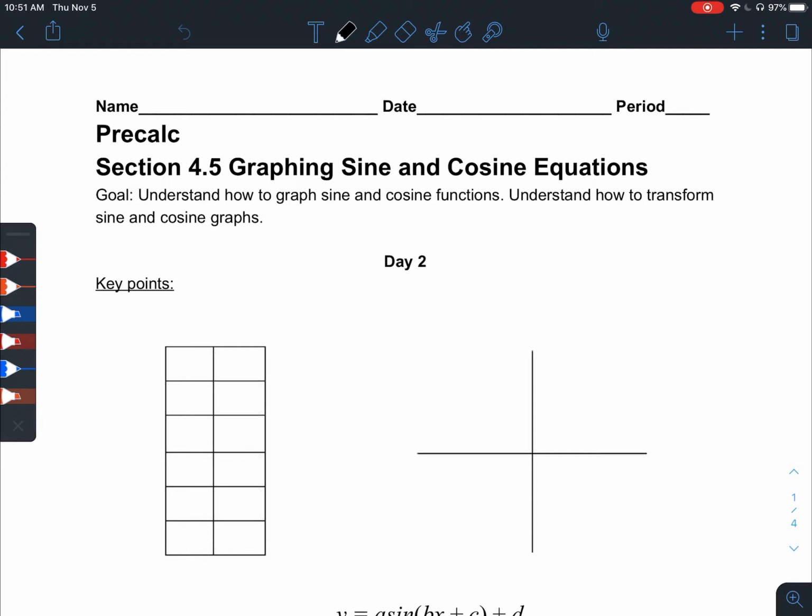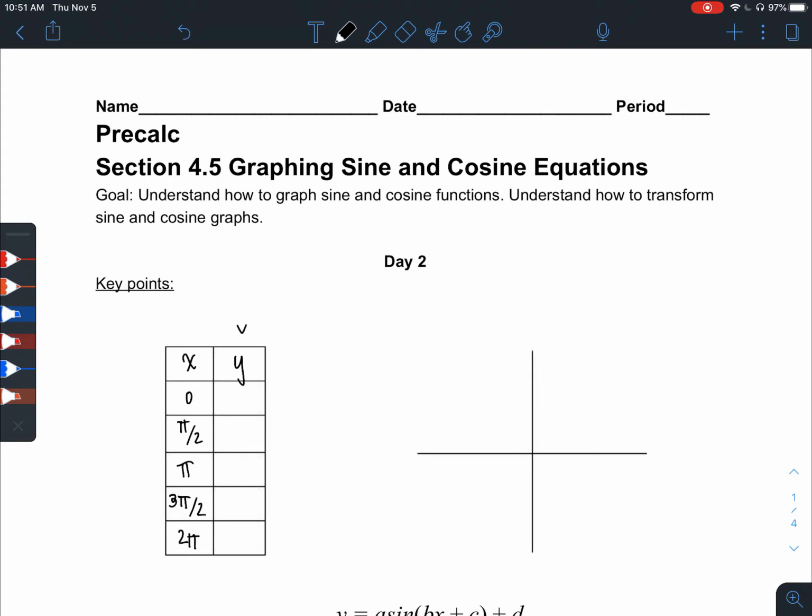Today we're talking about graphing sine and cosine equations, but we're focusing on vertical and horizontal shifts. Okay, so just a reminder that we're going to start out with our key points being 0, pi over 2, pi, 3 pi over 2, and 2 pi.